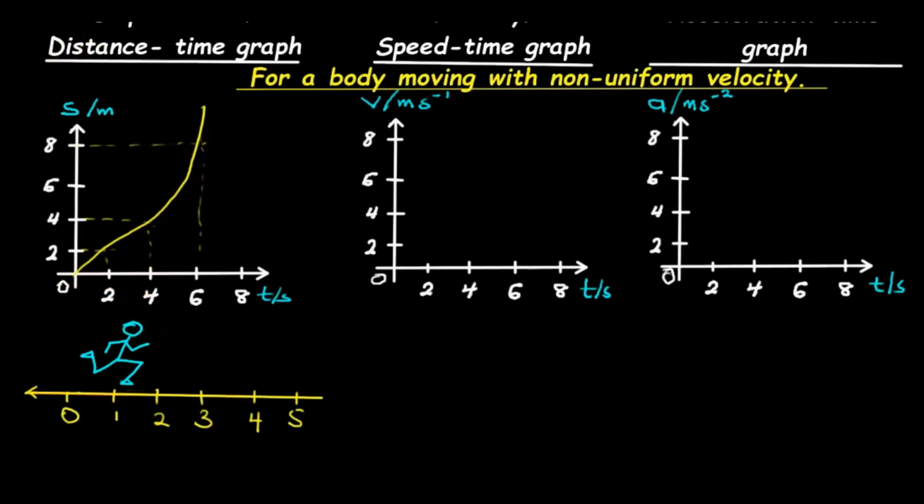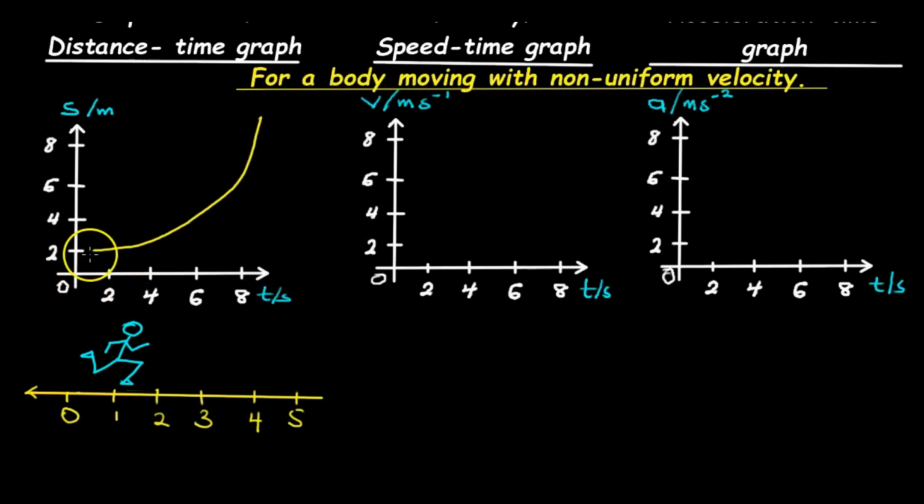So anytime you see a graph of motion where it looks like a curve that goes upwards, this means that the object is moving with a non-uniform velocity.